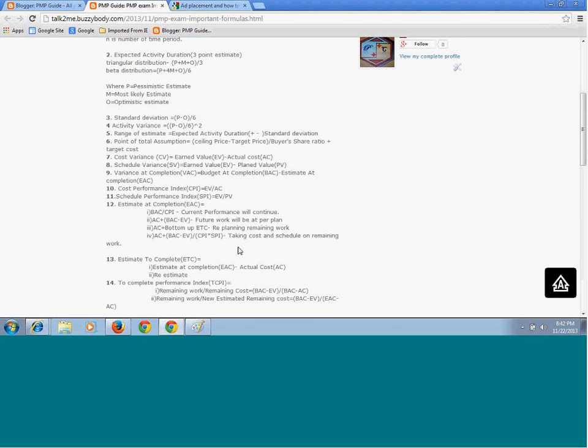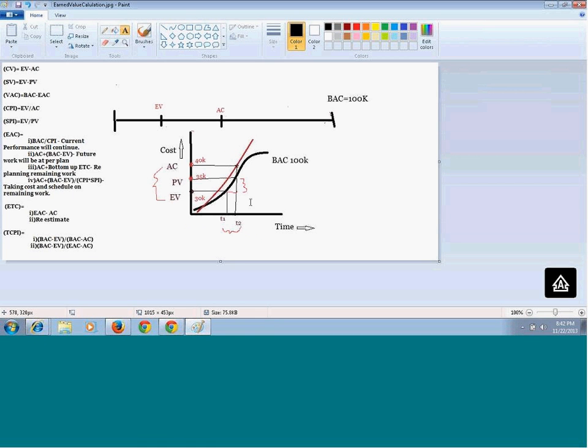So what is earned value? By definition, earned value is the amount of work you have actually completed as of today, based on your plan. For example, let's look at this graph. Your project budget is generally spent in this manner. This is a kind of S curve.